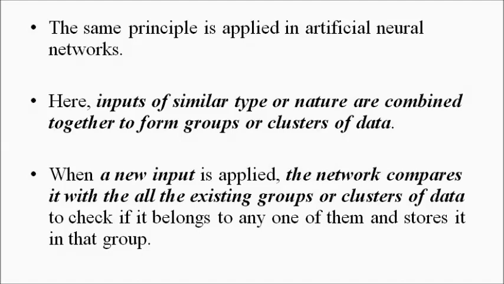It combines them together and forms a particular group or cluster of data. Now how the groups are formed, what the criteria for formation of groups is, depends on the programming which is installed in the system.